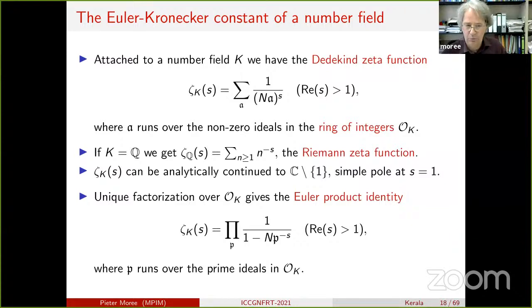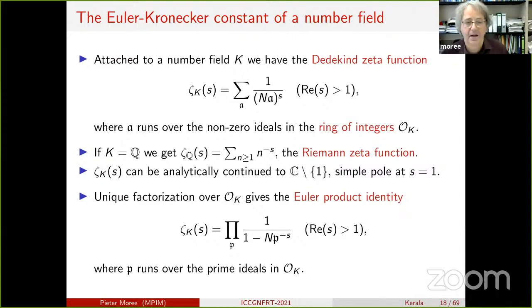What we're going to see is an Euler-Kronecker constant of a number field. Attached to a number field K, we can look at the Dedekind zeta function. It's defined similarly to the Riemann zeta function, but instead of summing over 1 over n to the s, you take the norm of an ideal to the power s.